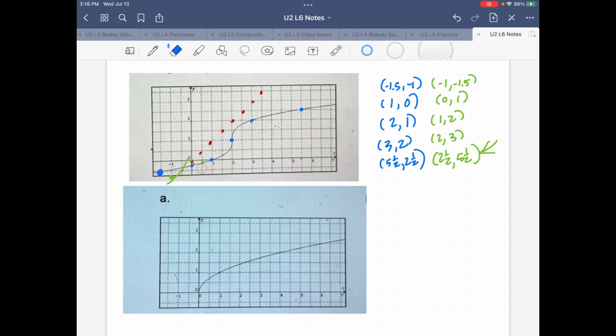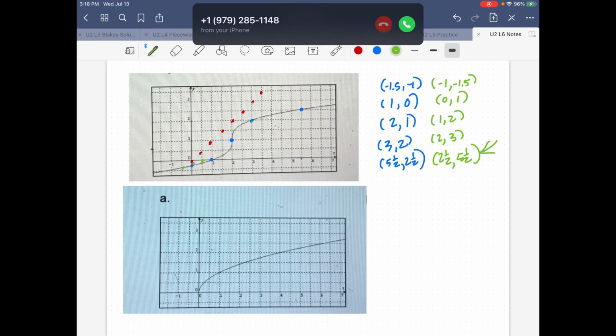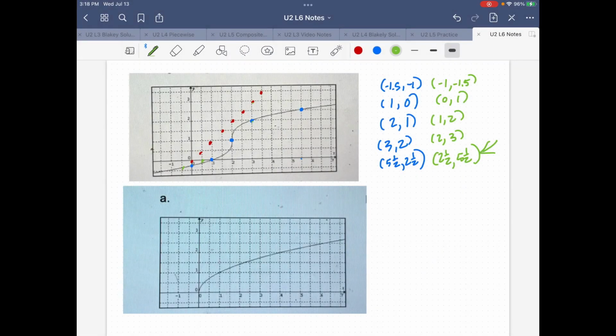Okay, so I can't really get this point on there. So I've got 0, 1. I need to do 2, 3. That's right. And then 2.5.